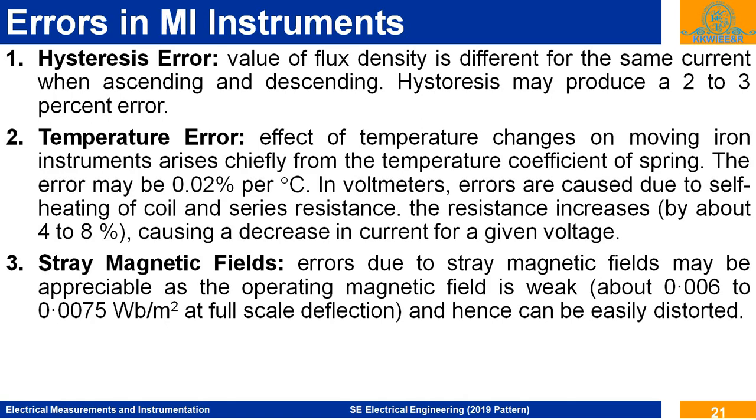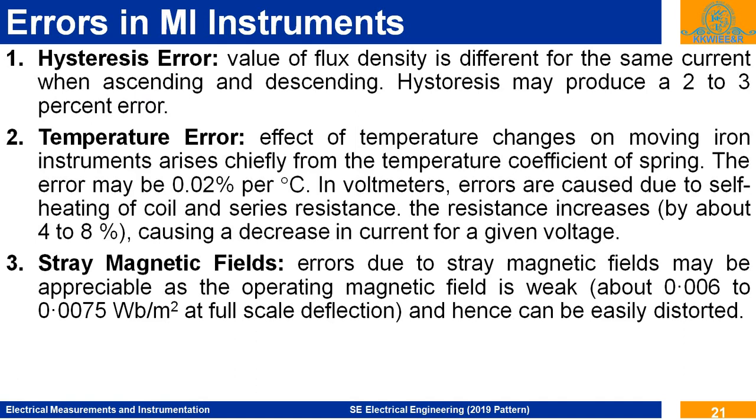For the same magnitude of current, whether the current is increasing or decreasing, the hysteresis generated is different. Hysteresis may produce 2 to 3% error.